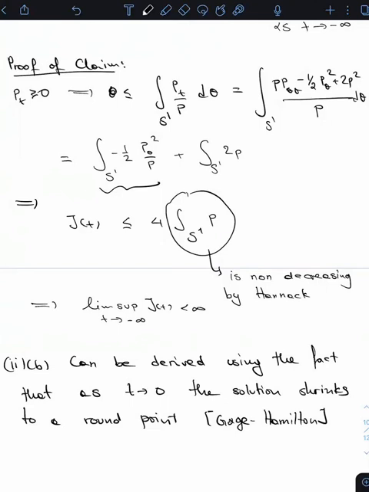Using this fact, we can obtain information about the behavior of this functional I as t goes to 0. It turns out that it has the correct sign, and we have the two inequalities that we want. And this completes the proof of the Hamilton-Daskalopoulos paper. So I'll stop here.